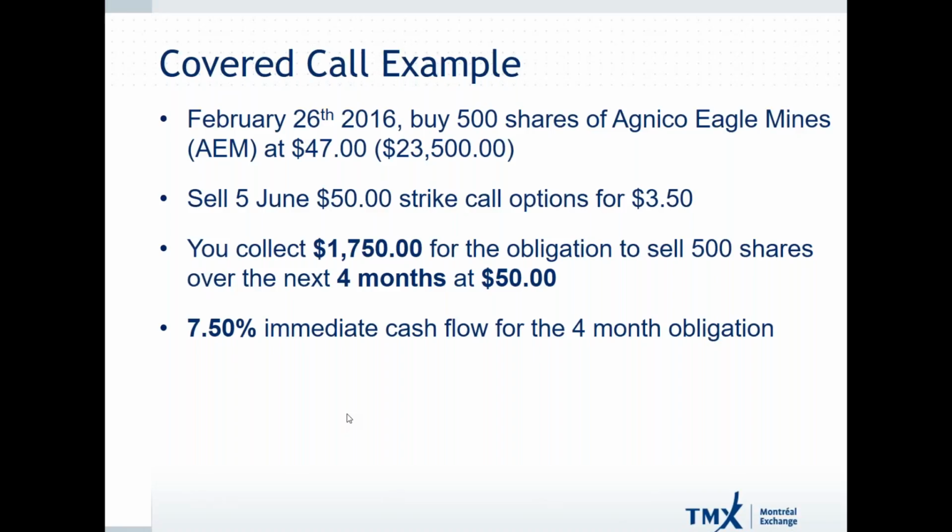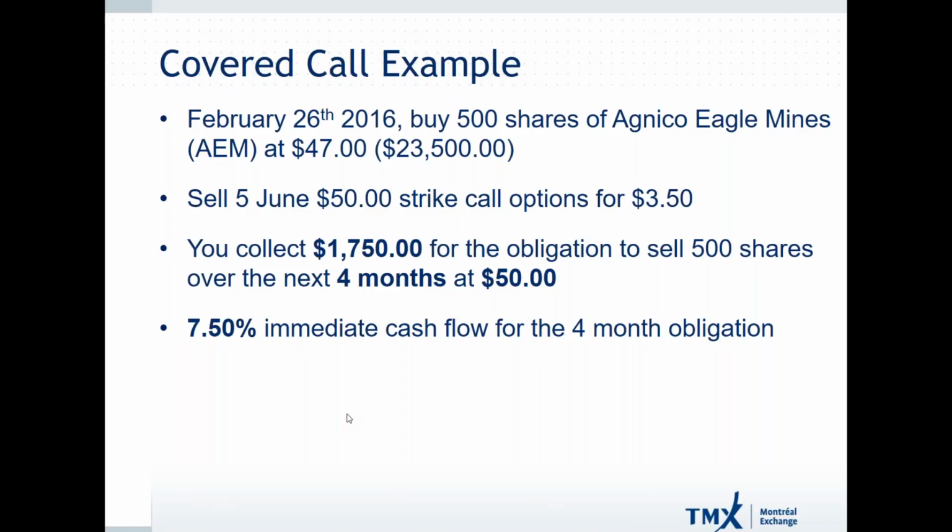Now remember, the minimum requirement is 100 shares, right? At the time we were able to sell June $50 strike call options for $3.50. So what we were basically doing is collecting $1,750 and taking on the obligation to sell our 500 shares over a 4-month period at $50.